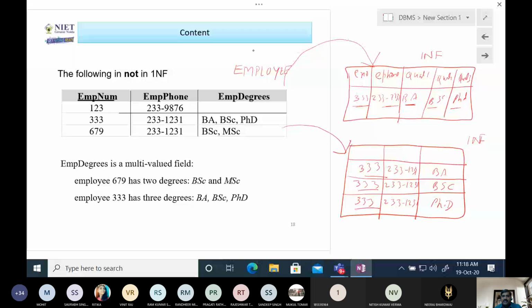We decompose this relation into smaller relations, and those relations should be in first normal form. See here, we decompose this table into two tables. In one table we will keep employee number, employee phone, and in another table we will keep the attributes employee number and employee degrees, and then one is the master table and another is the detail table, and through foreign key concepts we can establish a relationship between the master table and the detail table. Did you get it?